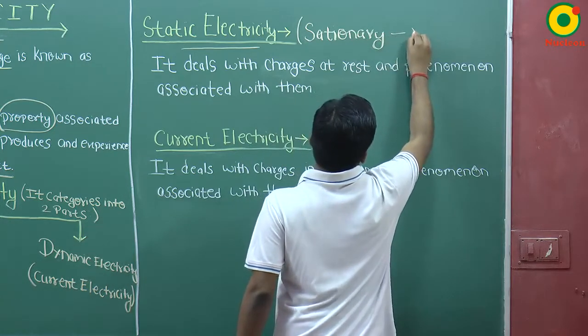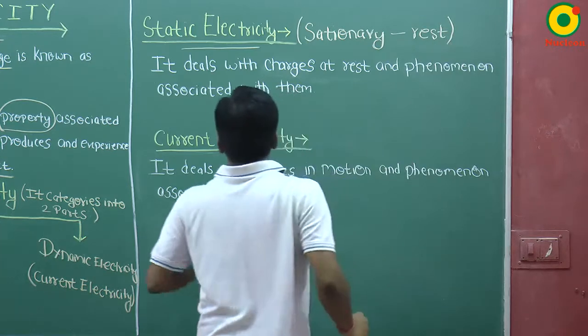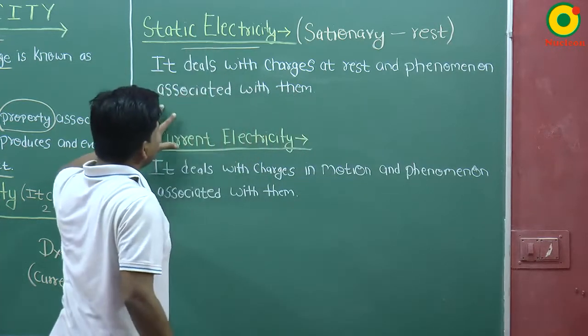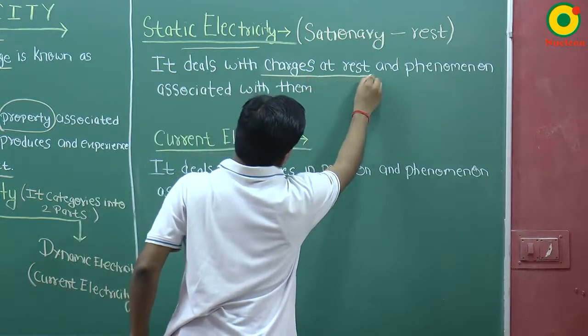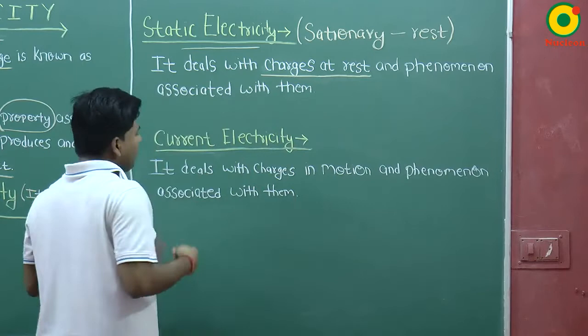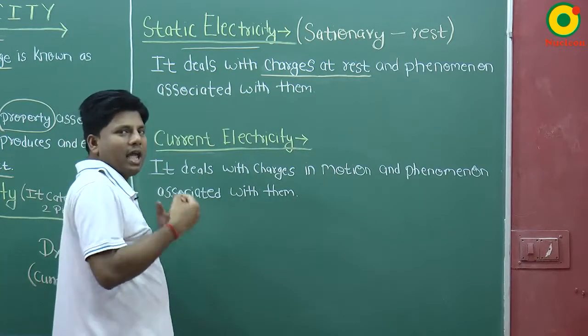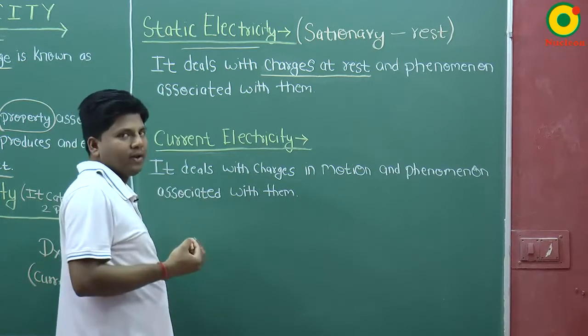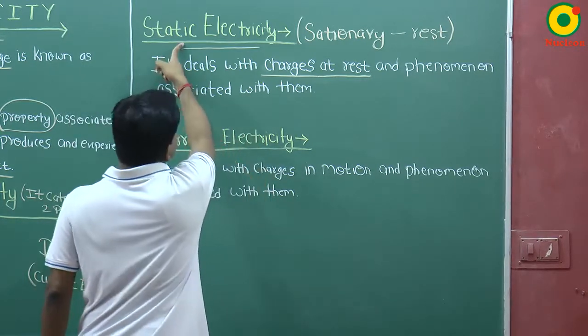It also stands for the state of rest. So in static electricity, we deal with charges at rest and the phenomena associated with them. In simple words, it is the study of electric charges which are at rest and the phenomena associated with them.